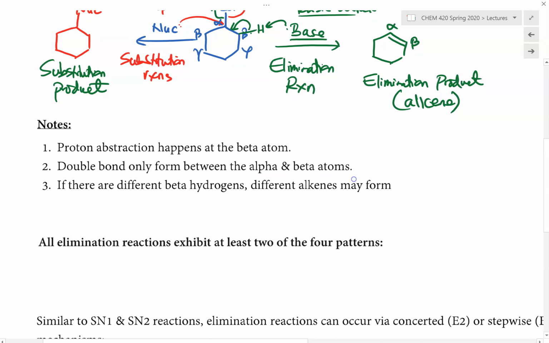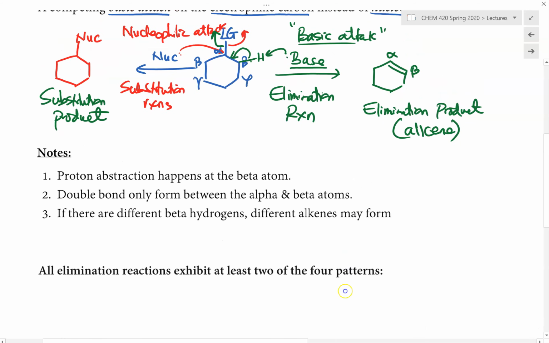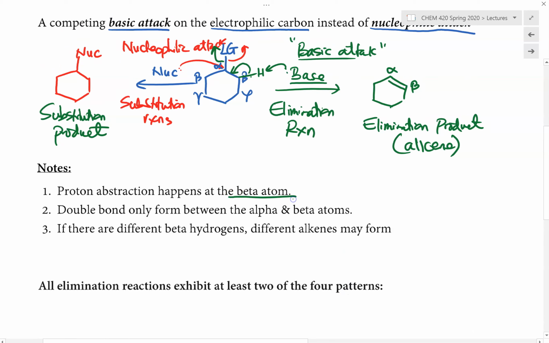And some of the notes are as follows. So the proton abstraction happens at the beta atom. Basically, the hydrogen at the beta carbon is being removed. In this case, this would then be the beta hydrogen.